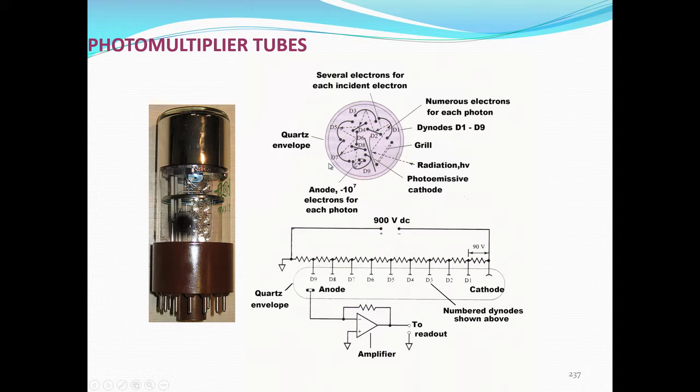More and more electrons will be generated, and very small absorbance differences can be calculated, because here approximately 10⁷ electrons are generated for each photon. So, this is one of the most used detectors not only in spectrophotometers, but in several other instruments also.